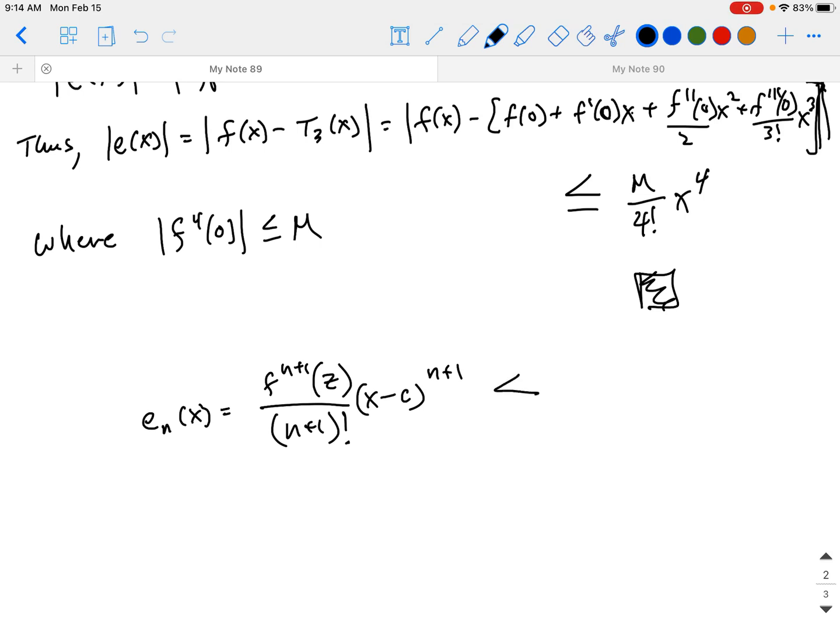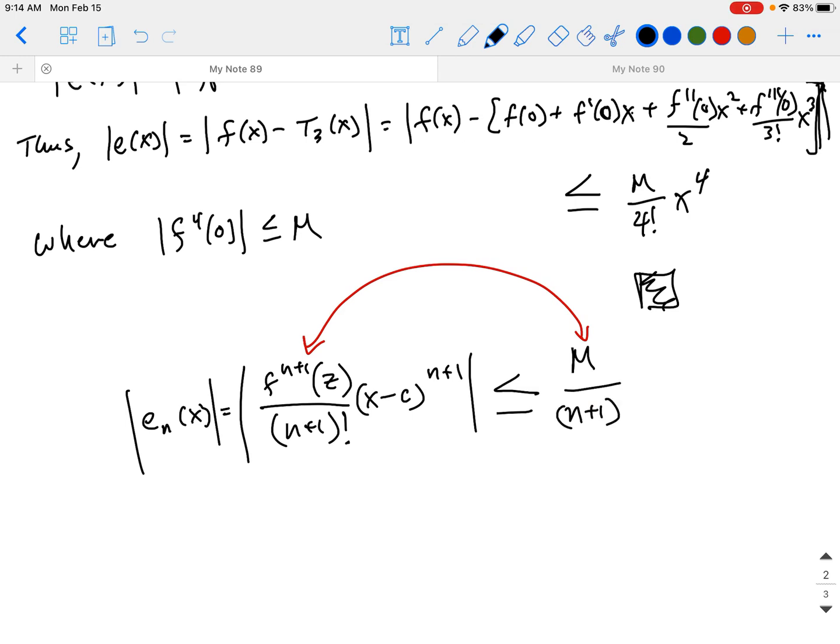But this value is hard to find, so what we can do instead is note that this is going to be less than or equal to some value M, that we use as the upper bound for that derivative, over n plus 1 factorial, times x minus c to the n plus 1 power. And this value here is what we call the Lagrange error bound.